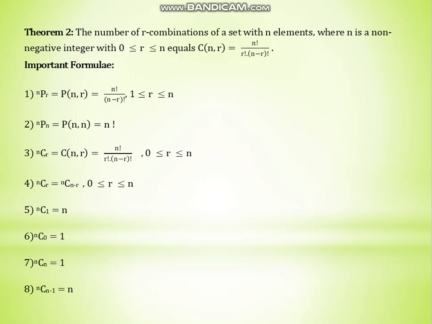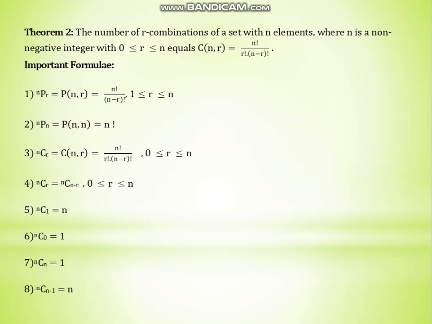nCr means choosing r objects out of n, or selecting r objects out of n objects. nCr also means choosing r elements out of n, which is the same as choosing n minus r elements for rejection. That means if there are 10 students and you want to choose 7 students, you may decide which students you do not want, the rejection criteria.